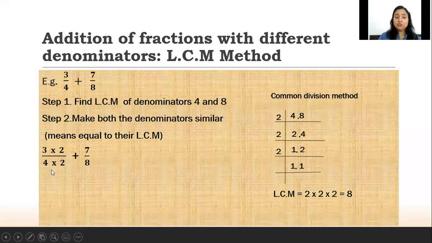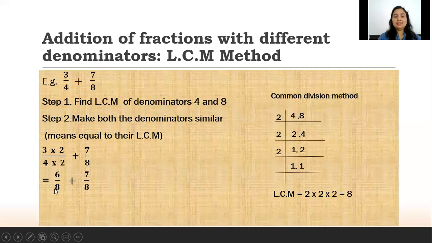Remember that you get the number to multiply by seeing this number and the LCM. So I saw that this is 4 and this is 8, so I feel okay, 4 2s are 8. So I multiply 2 here and the same number here, otherwise this will not be balanced, right? So now 3 2s are 6, 4 2s are 8, done. And we are not touching this one, as I told you, because this denominator is already 8.